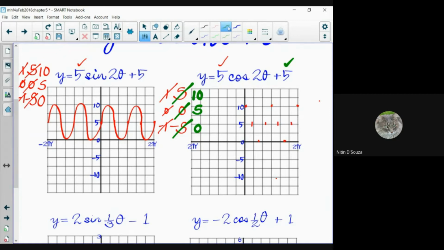So when I draw that, it should look like a cosine curve in its standard orientation, opening up, and between 0 and 2 pi, you have 2 cycles.